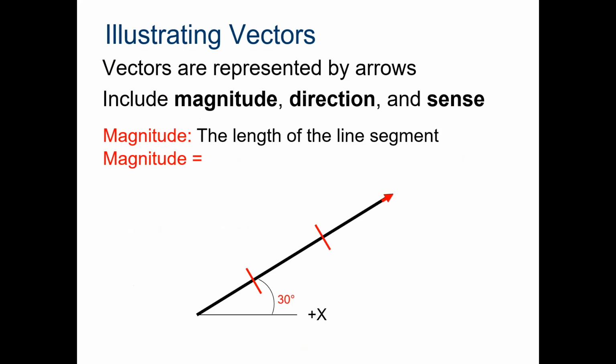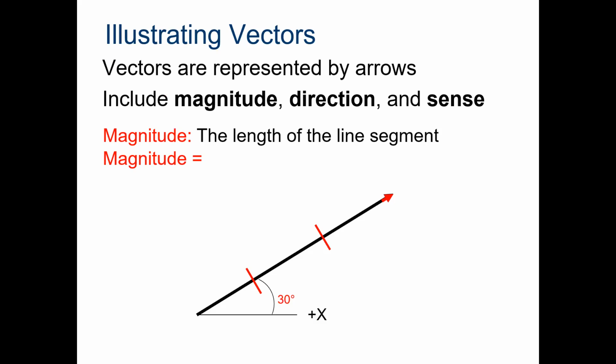Regarding force vectors, there are three parts that make up vectors. First, the magnitude, which is the length of the line segment. Next is direction, and lastly, there's sense. So the three parts of force vectors are magnitude, direction, and sense. In the example on this slide, the line segment is divided into three parts.